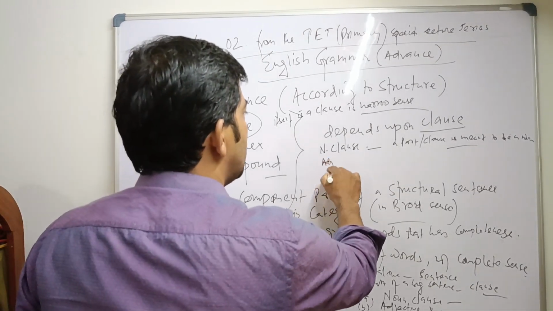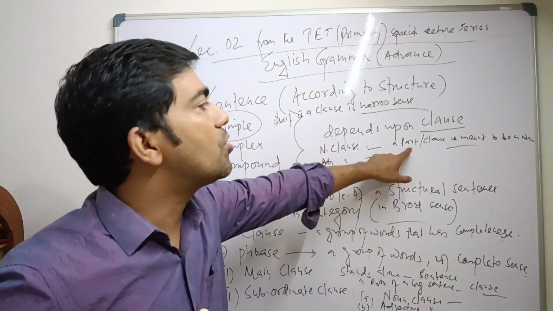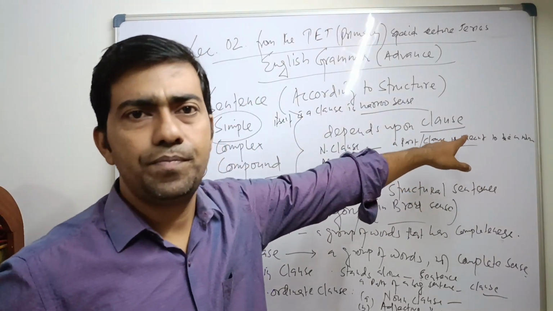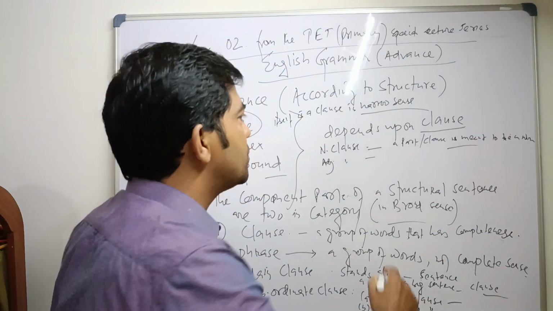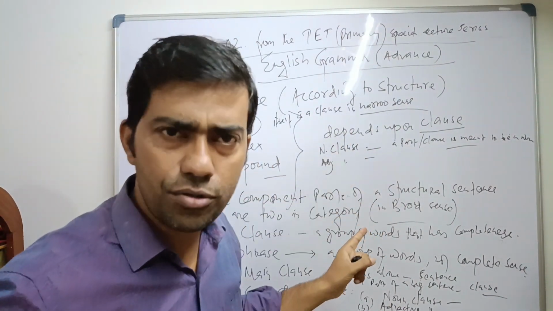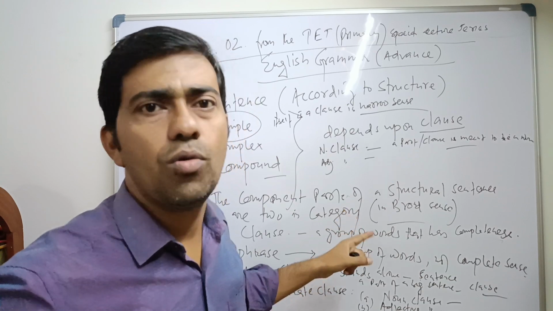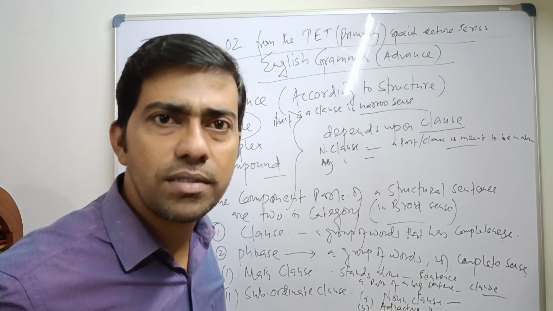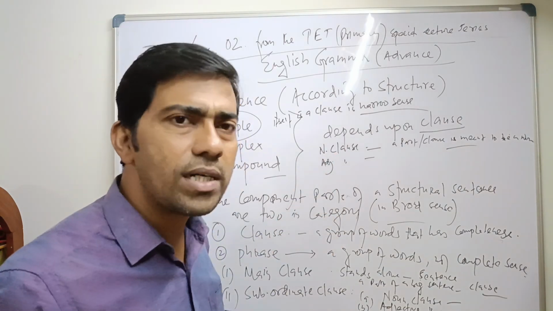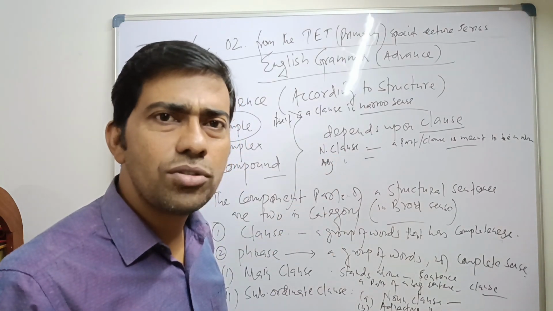Adjective clause: if a part or clause is meant to be an adjective, then it is an adjective clause. An adverb clause: if a part is meant to be an adverb, then it is an adverb clause. So how can we classify what is the noun clause, what is the adjective clause, or what is the adverb clause?